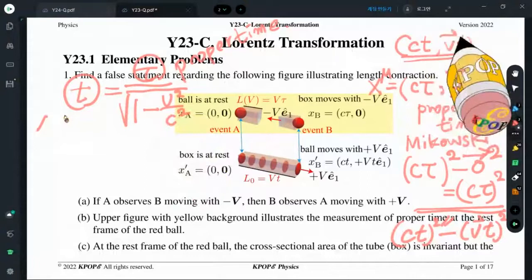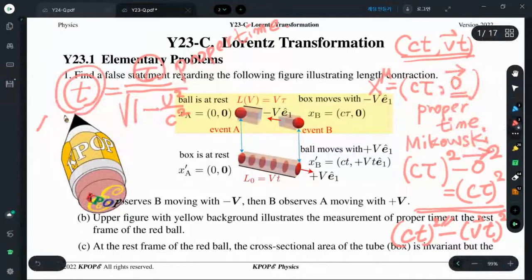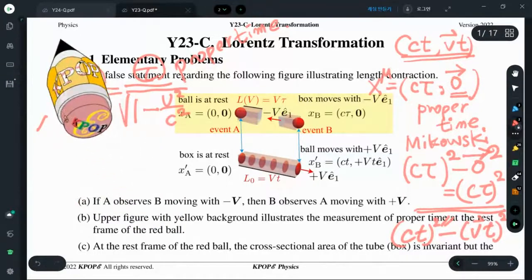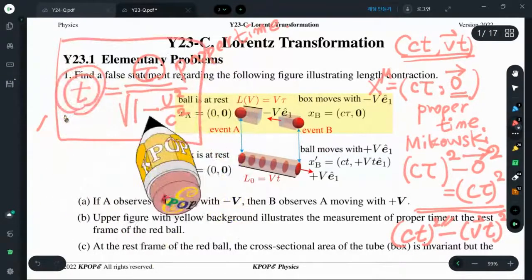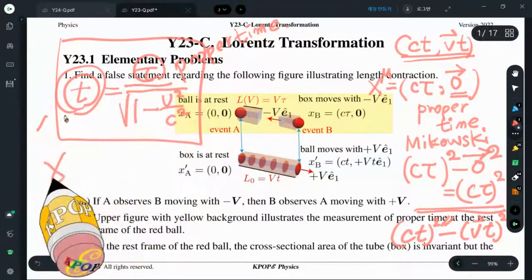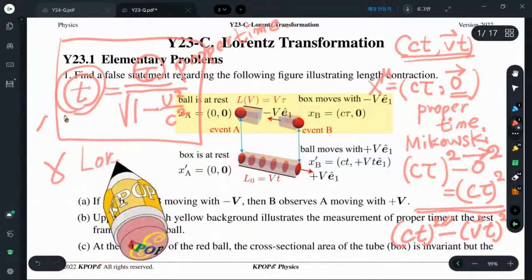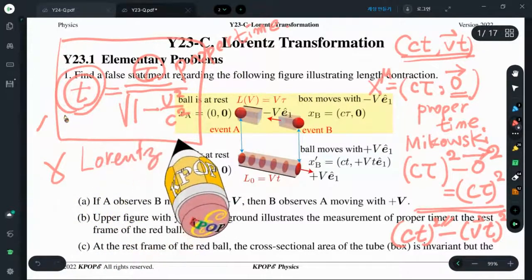However, if the velocity of an object is non-zero, time must be modified in this way. And this multiplicative factor is gamma, and it is called the Lorentz factor.